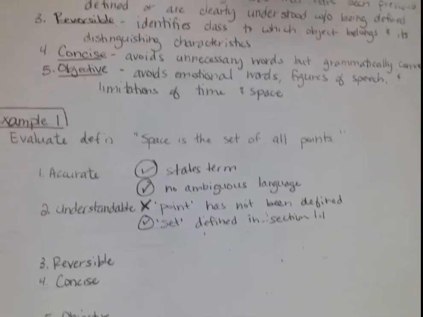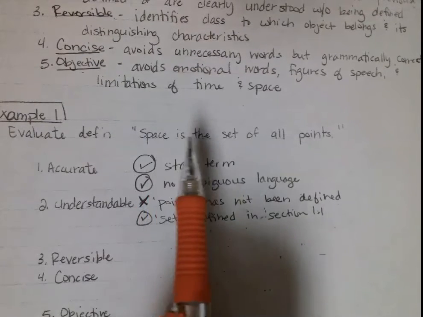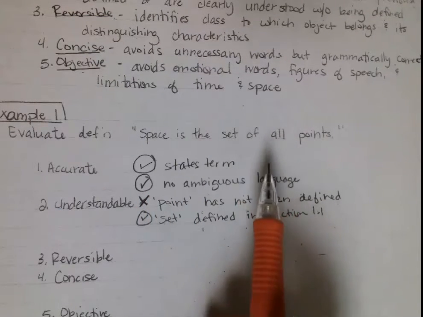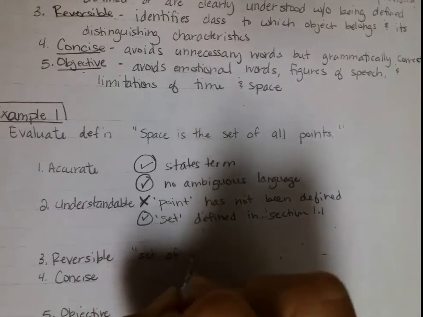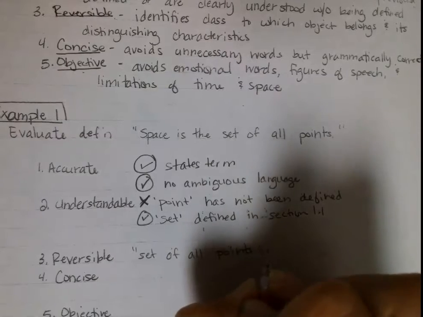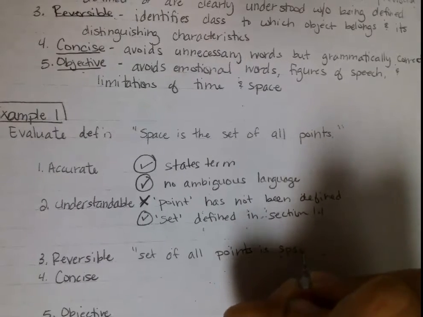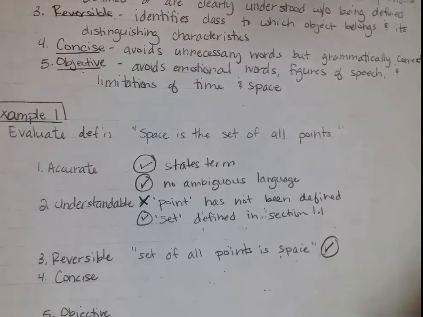Okay, reversible. So if we reverse the sentence, space is the set of all points, and we change that and say, the set of all points is space. Does that work? The set of all points is space. Yeah, that's a check. It is reversible.